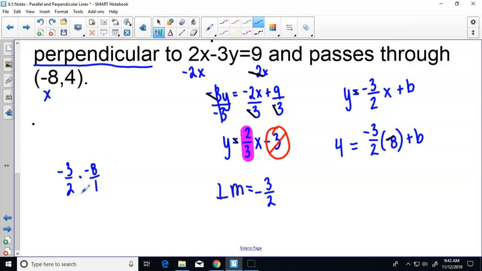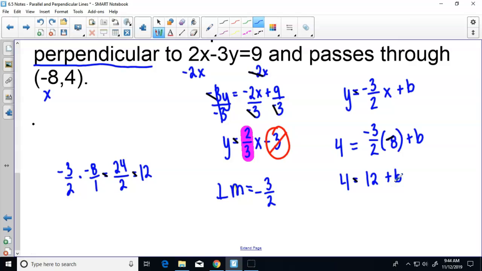We'll do 8/1. Give them a chance. Don't holler it out. Okay? What do we do to multiply fractions? Good. And what will we get? Over. Very good. And 24 divided by 2 is 12. Good. All right, so 4 equals 12 plus b.